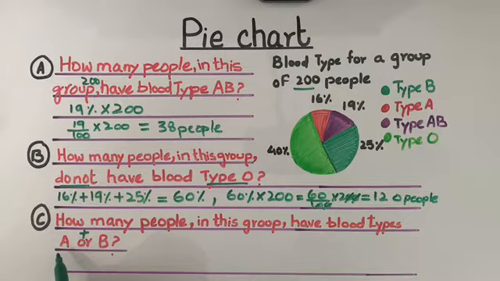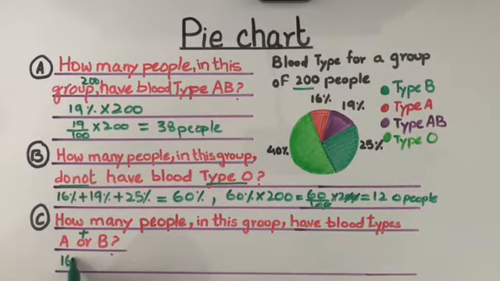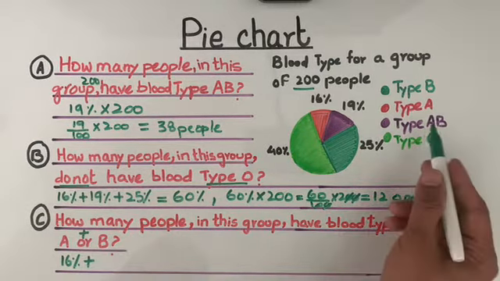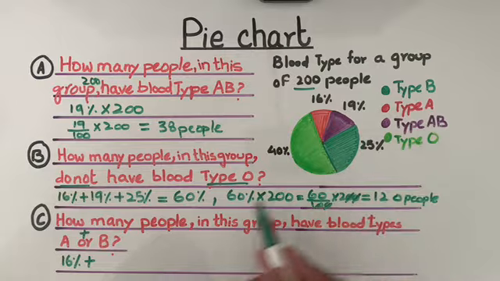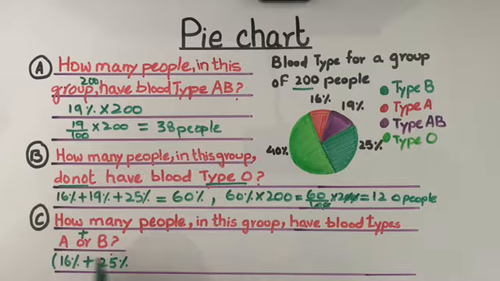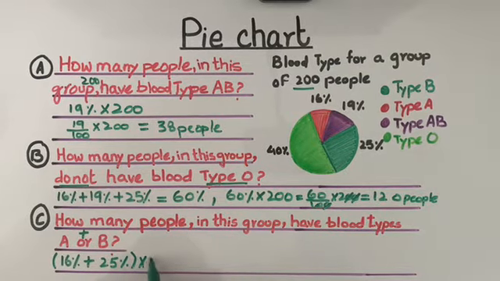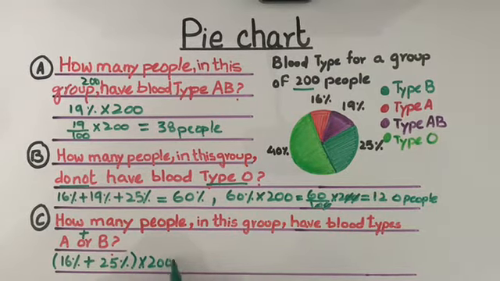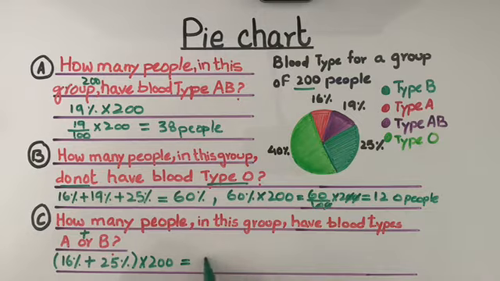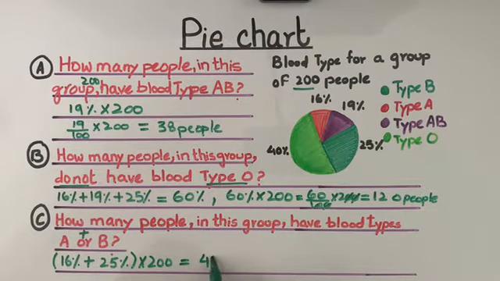So type A means red color 16%, 16% plus type B means green 25%, and then we're going to multiply by 200. So this will be my equation, and when I'll solve it, 16% plus 25% means 41%.